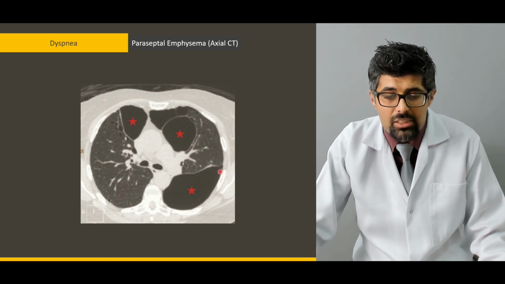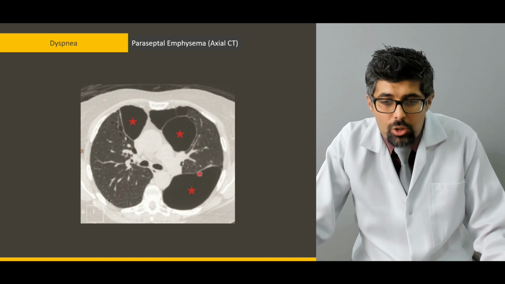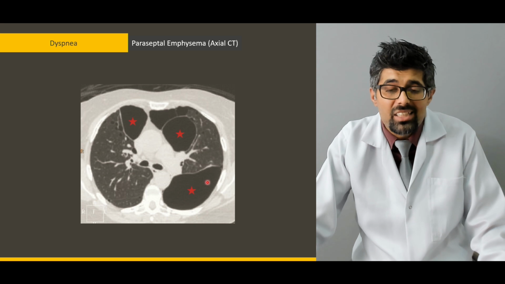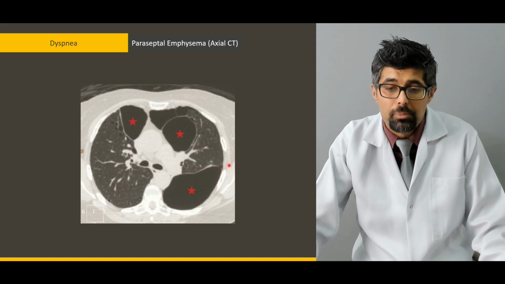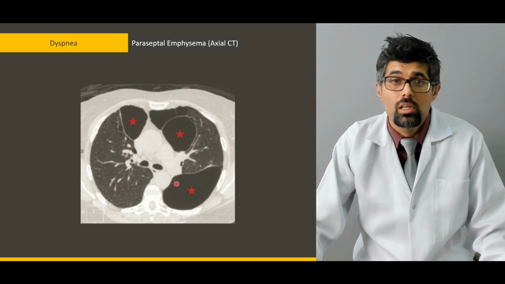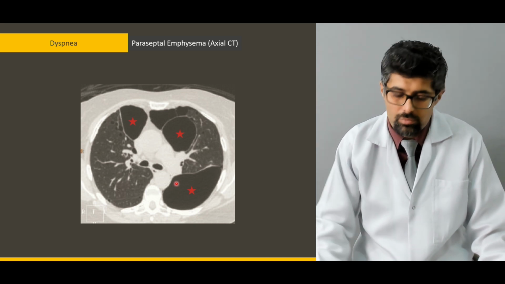And this emphysema is not only encroaching the parenchyma of the lungs, it is actually destroying it, it is replacing it. So it is a very dangerous and very complicated picture.